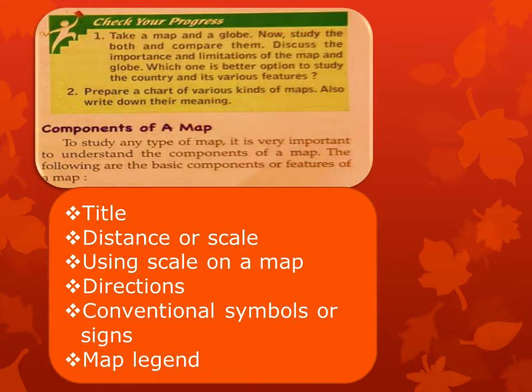So the basic components or features of a map are title, distance or scale, using scale on a map, directions, conventional symbols or signs, map legend. So these are the components of a map.